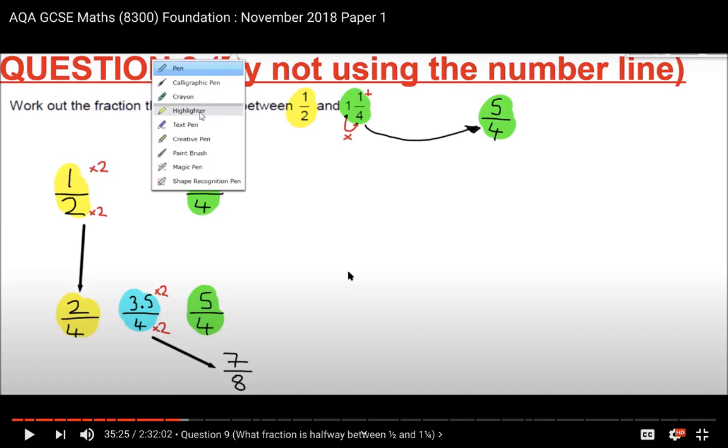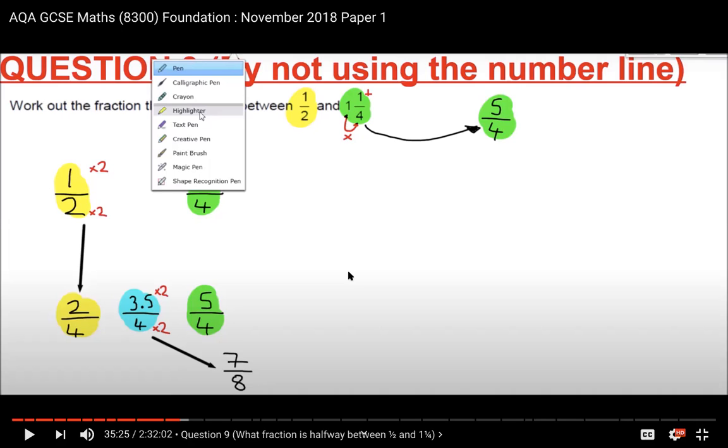Now you're on basically like with like. Now you can work out what is the halfway point between 2 over 4 and 5 over 4. Remember, 2 over 4 is a half, 5 over 4 is 1 1/4. Okay? And when you go in between a 2 and a 5, it's a 3 1/2, but you can't have 3 1/2 over 4.